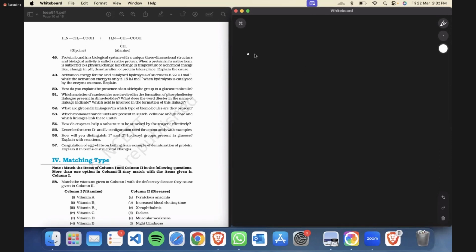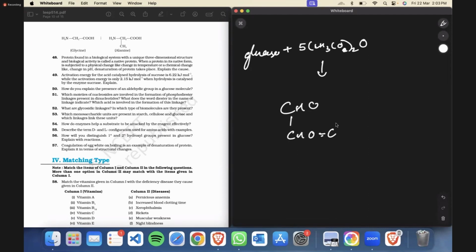You have to take glucose plus 5 (CH3CO)2O, acetic anhydride. This will generate CHO, CH(OCOCH3) whole 4, CH2OCOCH3.